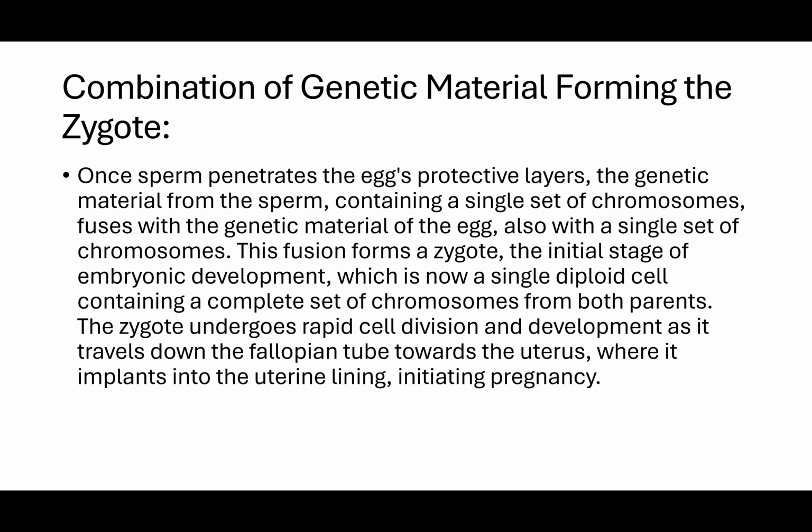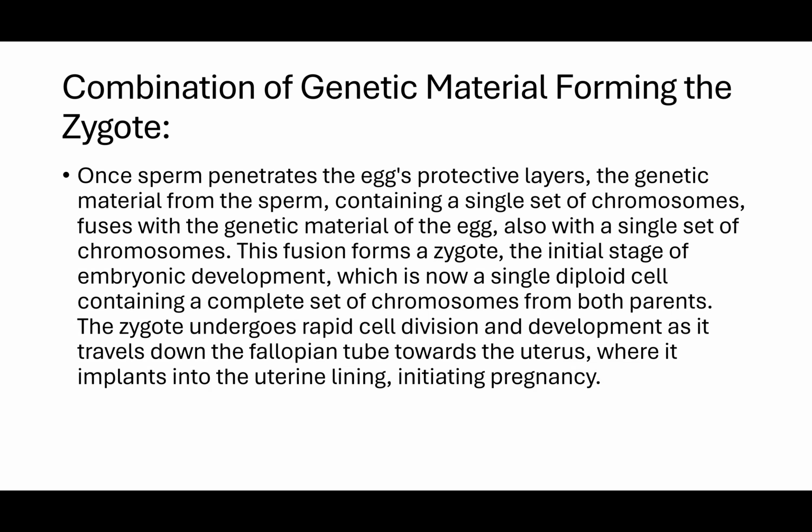Combination of genetic material forming the zygote. Once the sperm penetrates the egg's protective layers, the genetic material from the sperm, containing a single set of chromosomes, so it's haploid, fuses with the genetic material of the egg, which is also haploid. This fusion forms a zygote.